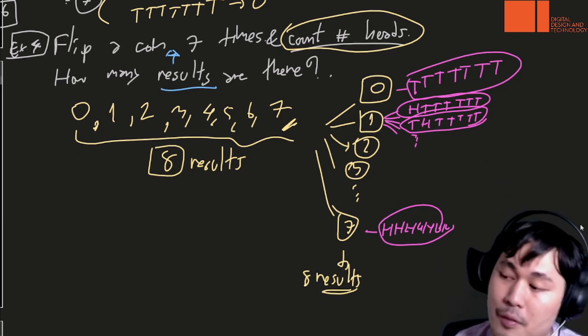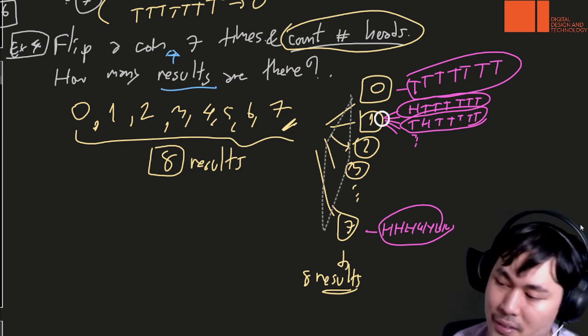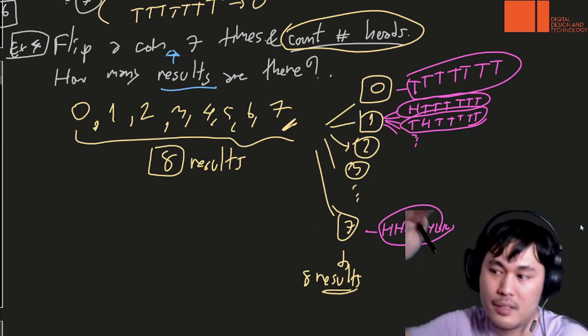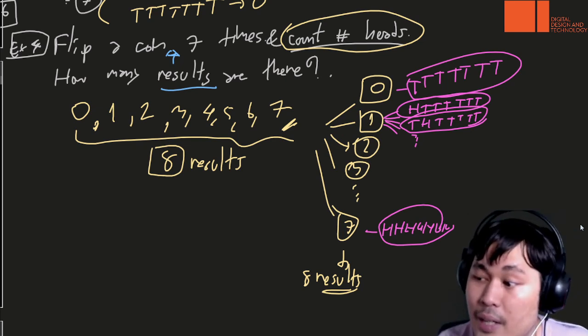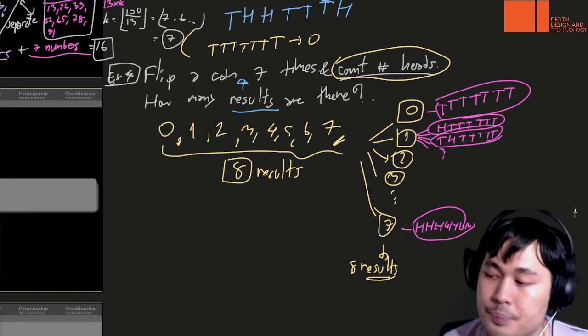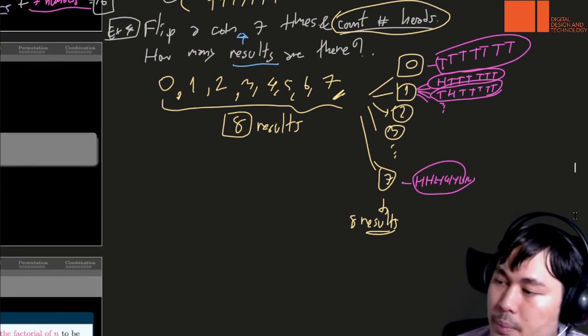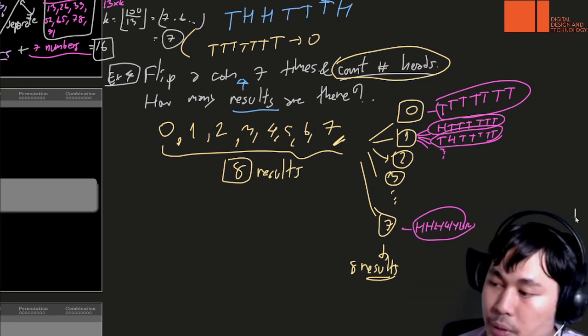You can fill up this diagram. But if I asked you to divide this into cases, and simply ask you how many counts of heads there are, the answer is 8. So that's the rule of sum, in terms of dividing things into cases.